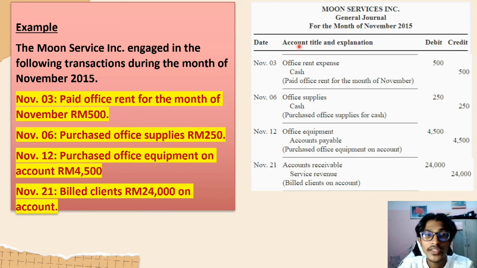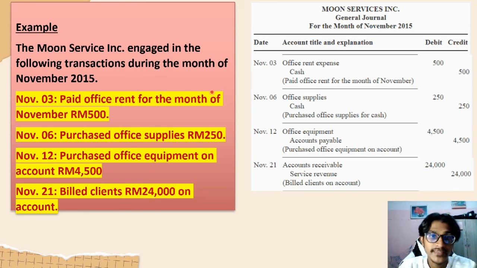First we write the date, November 3rd, and identify the accounts involved, which are office rent expense and cash. Then the debit and credit amounts, and don't forget to write the narration, which is paid office rent for the month of November.